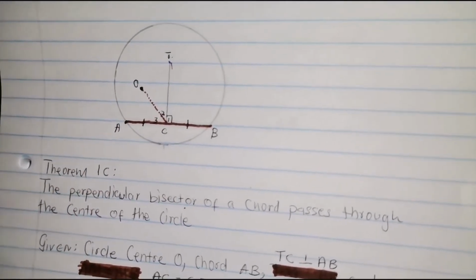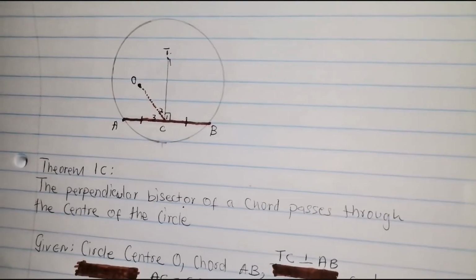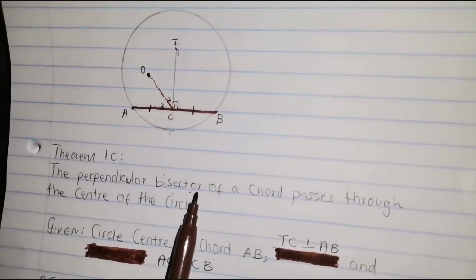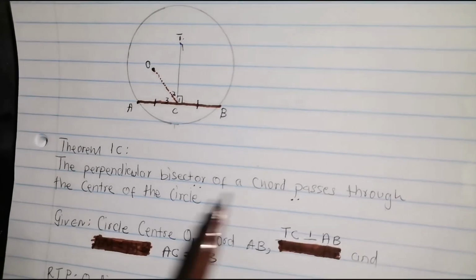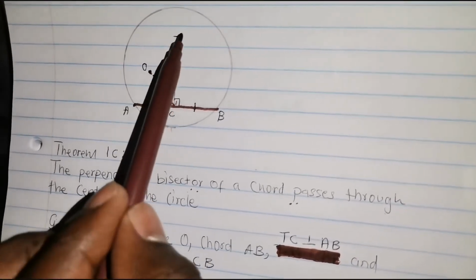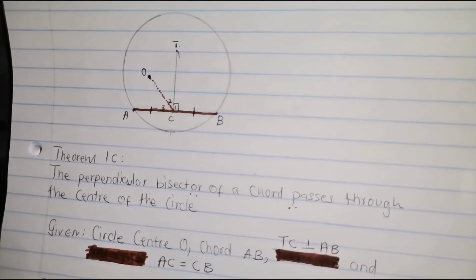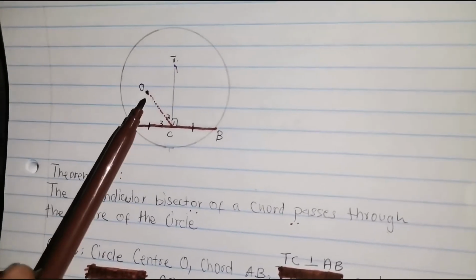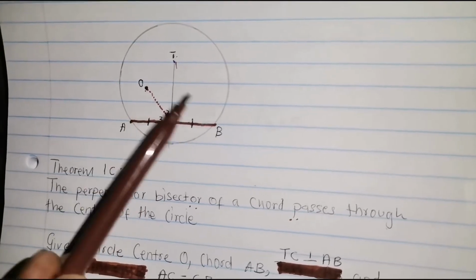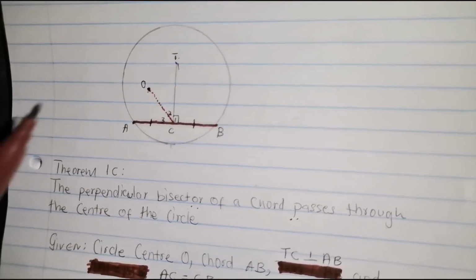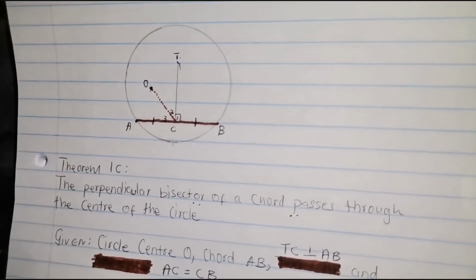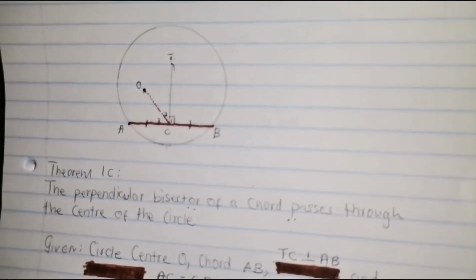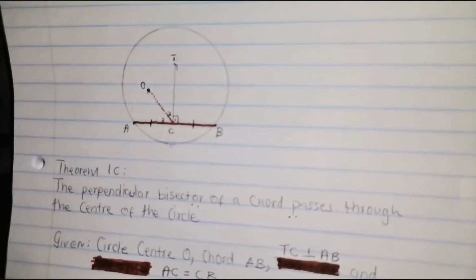That is what you're going to prove here. This line TC passes through the center O, meaning O is part of this line. So we're going to prove that indeed O lies on TC.